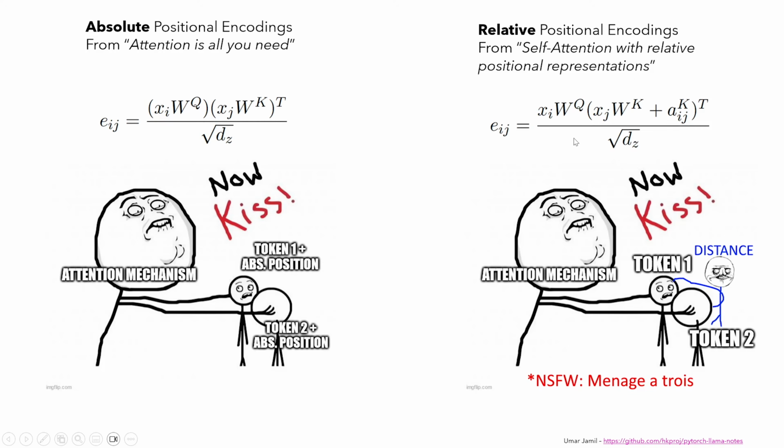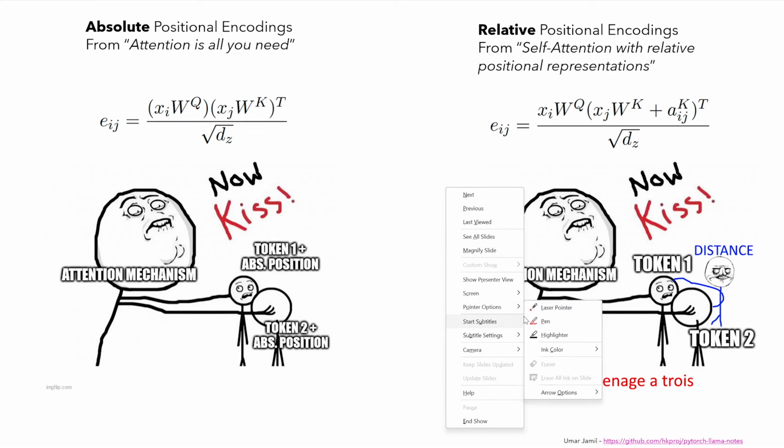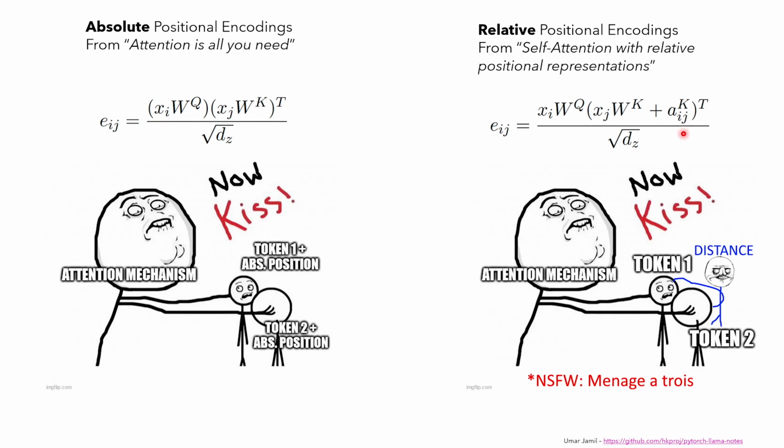We have token 1, token 2, and then we have this vector here that represents the distance between these two tokens. And so we have three vectors involved in this attention mechanism. We want the attention mechanism to actually match these tokens differently based on this vector. So this vector will indicate to the attention mechanism, to the dot product, how to relate these two words that are at this particular distance.